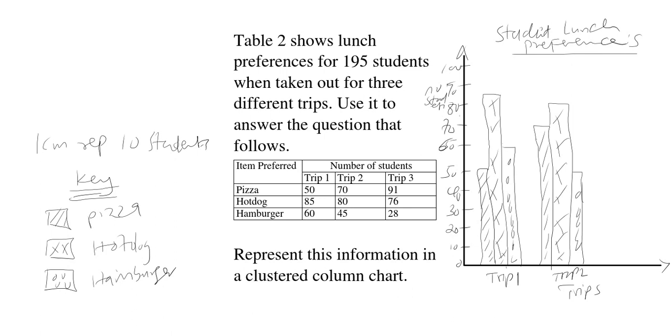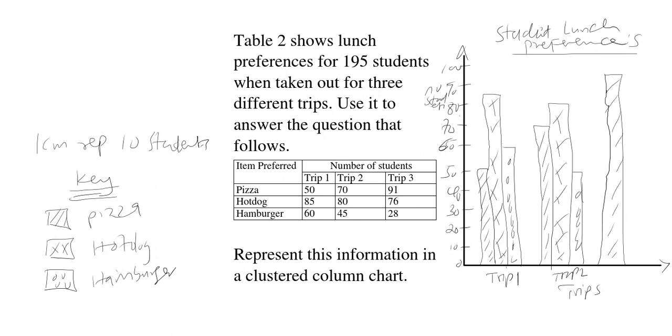Then we move to trip 3. For trip 3, we have to space so that we start a new cluster. So we have 91. You have to draw 91, then we shade it.